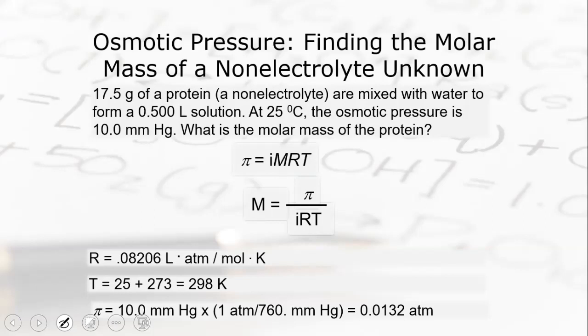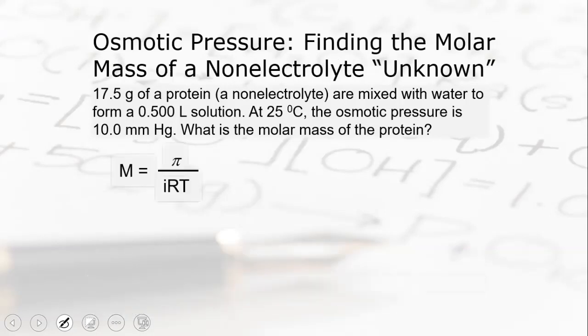Okay, give me a chance to write that down. Let's go ahead and see what we get. Let's put all the numbers in here. We said we had 0.0132 atmospheres.